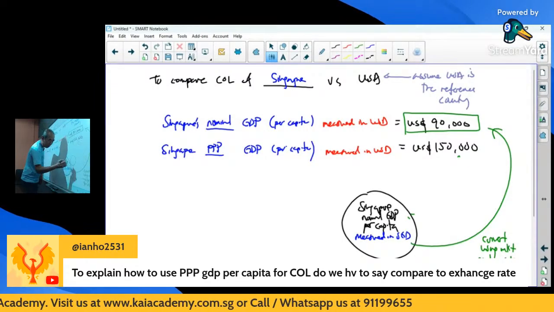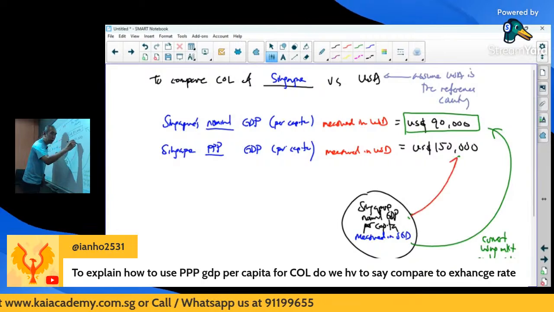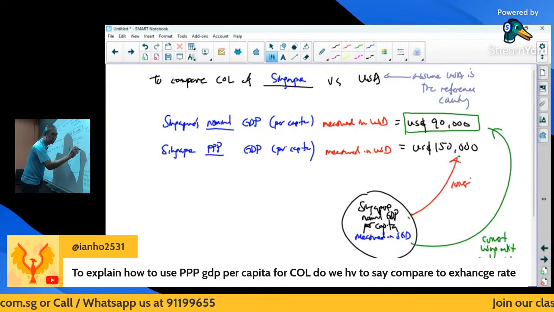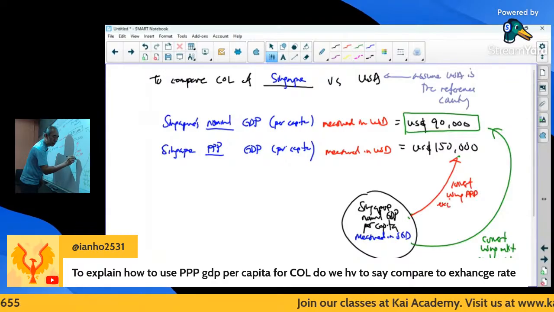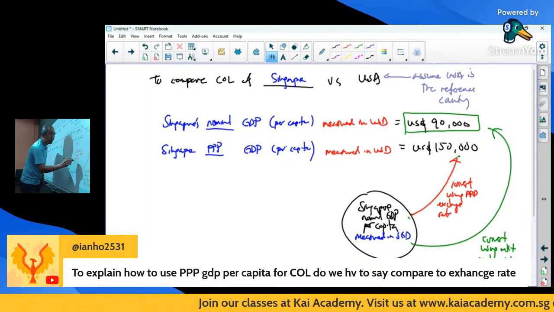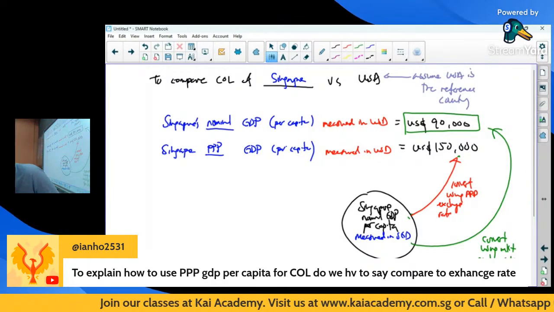If we were to convert using PPP exchange rate between Singapore dollar and US dollar, then we get the PPP GDP per capita. So this is the way we would do the comparison.